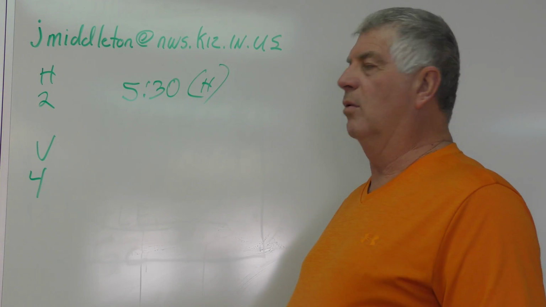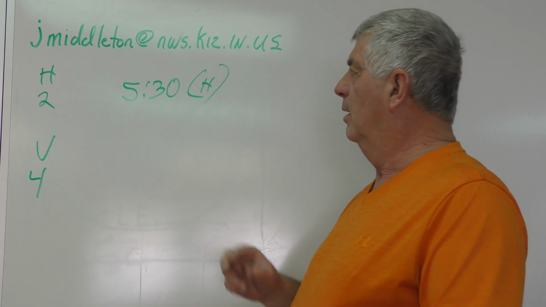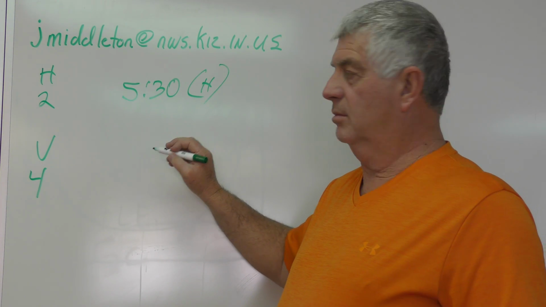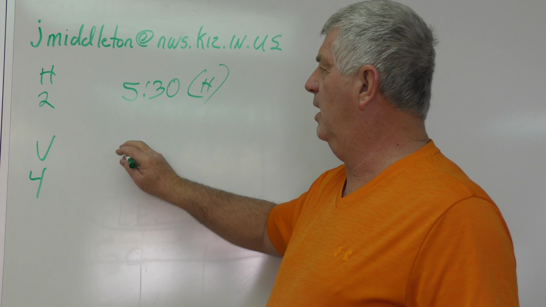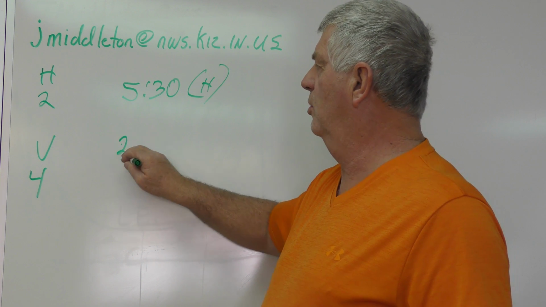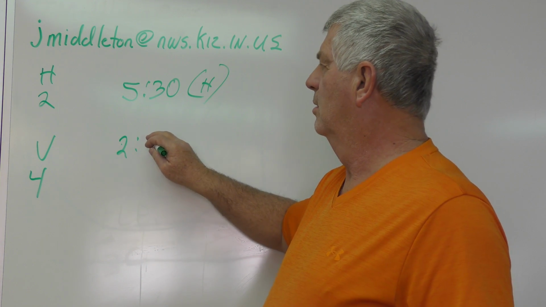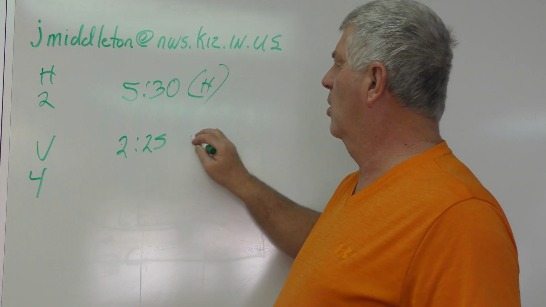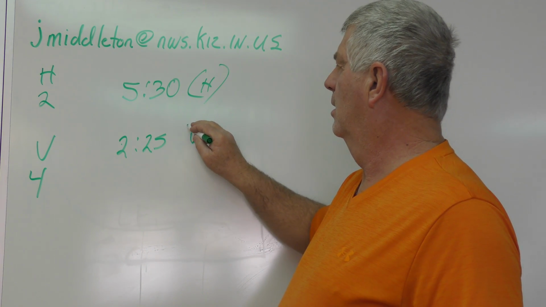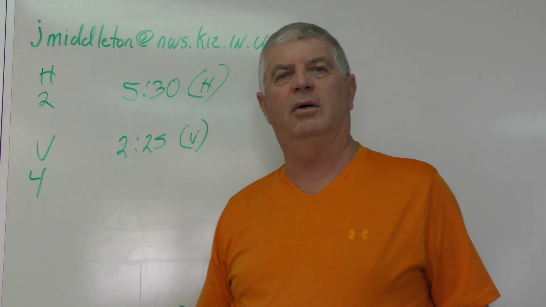Now, the visitors have the ball, we get down to the, let's call it the 2:25 mark, goes out of bounds, and we're going to charge it to the visitors, okay?